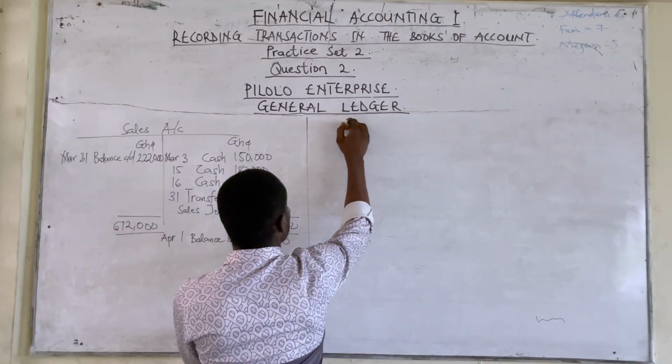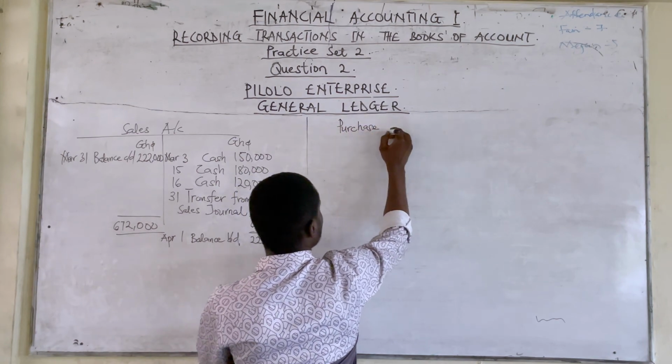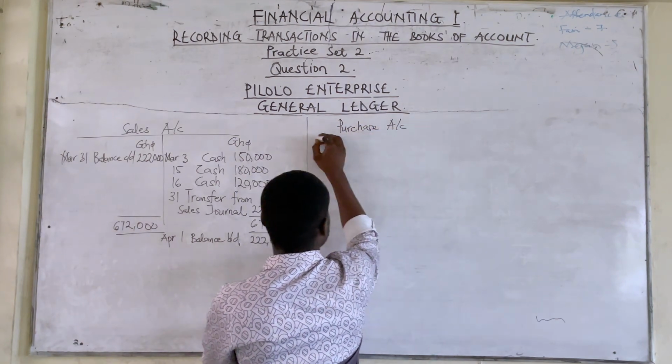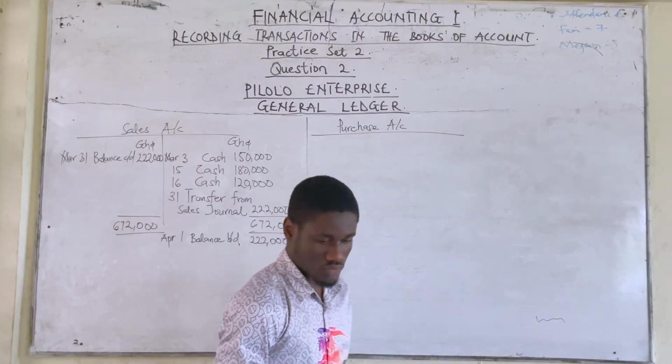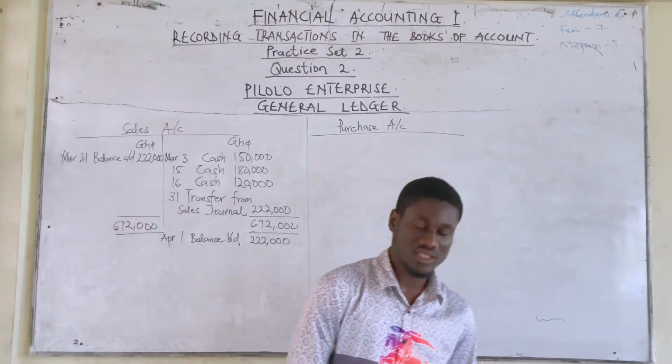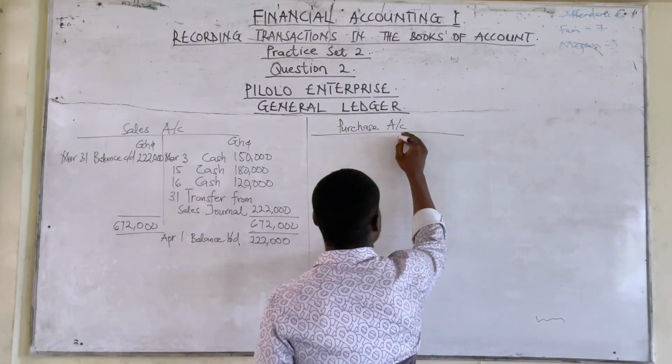So purchases account. With the purchases account, we are going to check for all the items that involved purchases. Okay, so we have our Ghana cedis here.